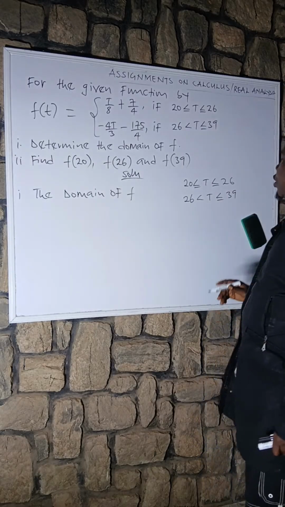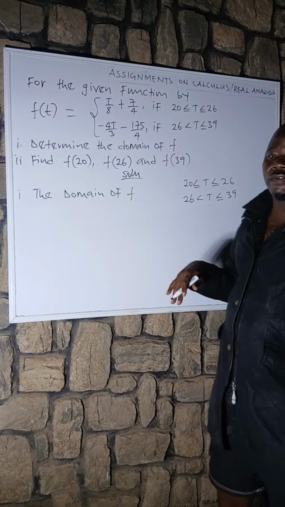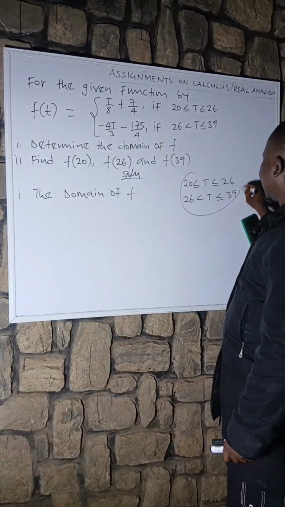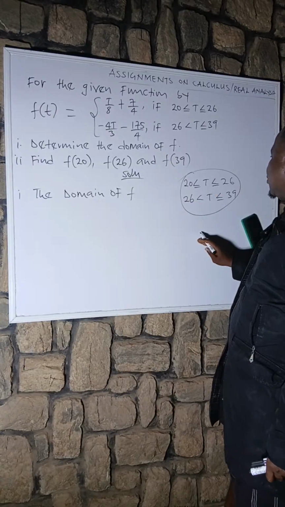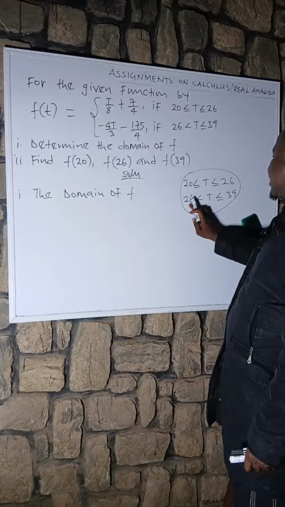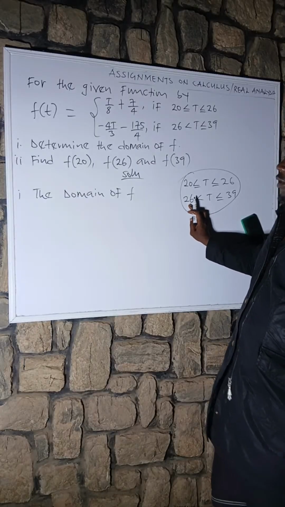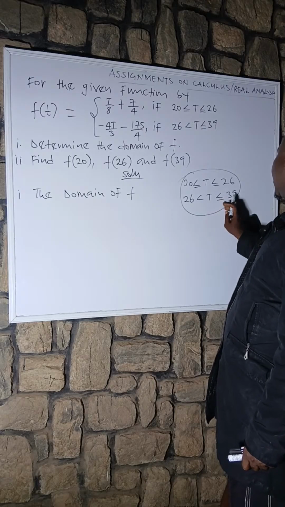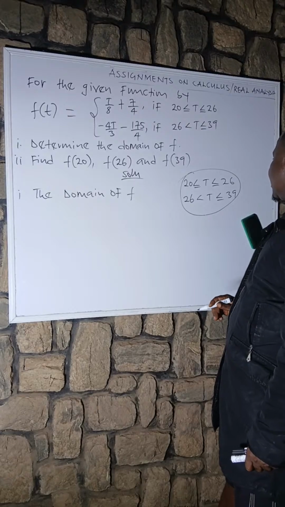Can you see now? So for us to find the domain of f, we are going to add this. When we add it up, it means already here t is greater than 26, true or false? Yeah. Then less than or equal to 39, less than or equal to 26.